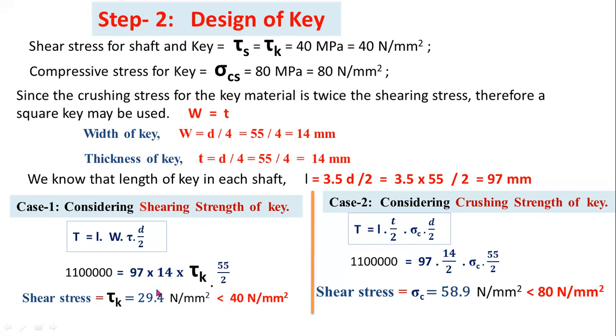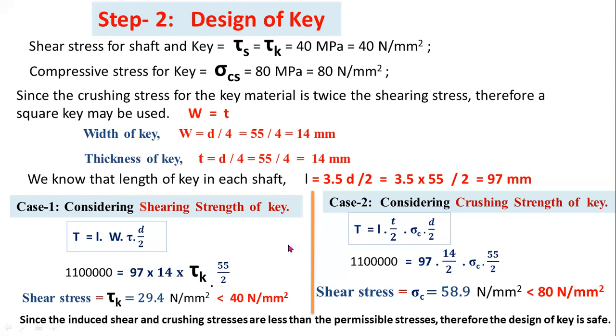In the first case, the key is safe on the basis of shearing strength. In this case, the key is safe on the basis of crushing strength. So totally the design of key is safe because the induced shear and crushing stresses are less than the permissible stresses. Therefore, the design of key is safe.